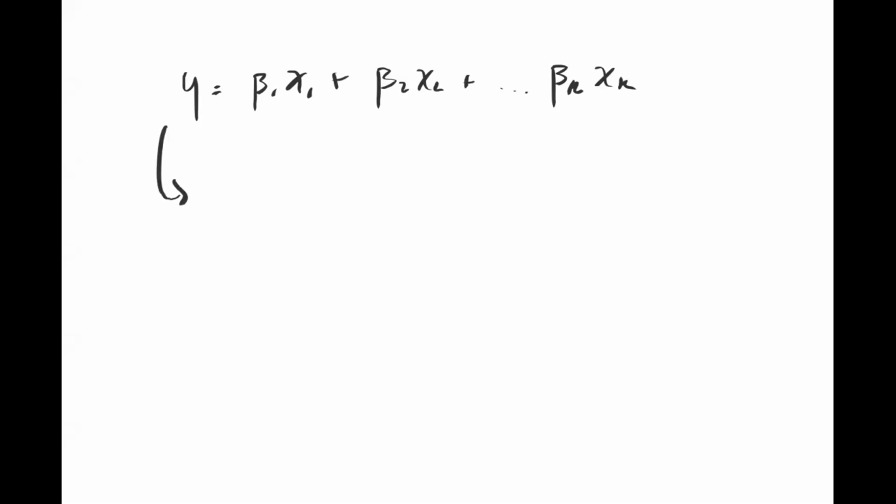So y equals beta 1 x1 plus beta 2 x2 going to beta k xk. And the dimensional transformation goes to something like this.